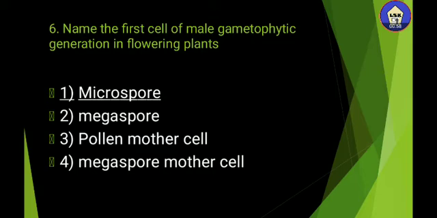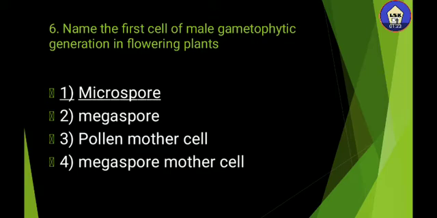Flower is produced on the plant body. The plant body of angiosperm is the sporophyte. So the flower is a part of the sporophyte, and within the anther the pollen mother cell is present. So that is also part of the sporophyte and is diploid in nature. Say, the male gametophyte, that is the pollen grain, is developed from the microspore.